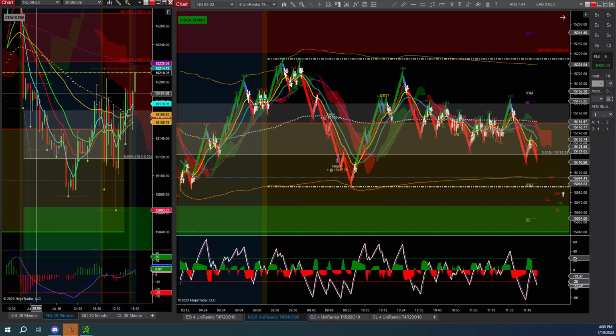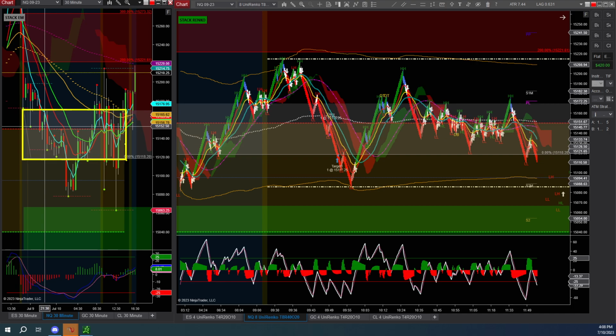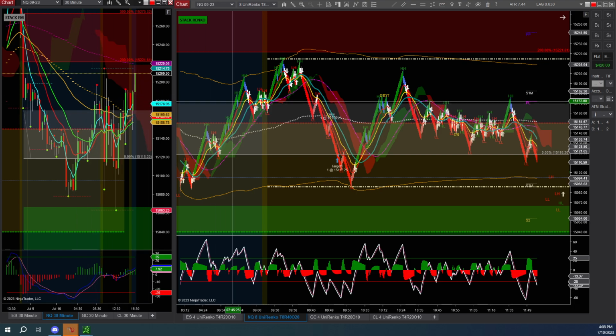So you have in the overnight this area here, and I painted, as usual, my area of overnight sideways action like that, and then that projected a high all the way to that level and a low all the way to that level. Okay, so that one is the 30 minutes.